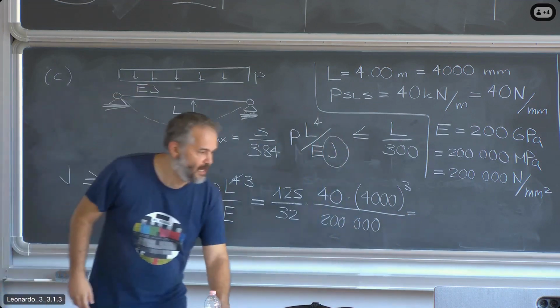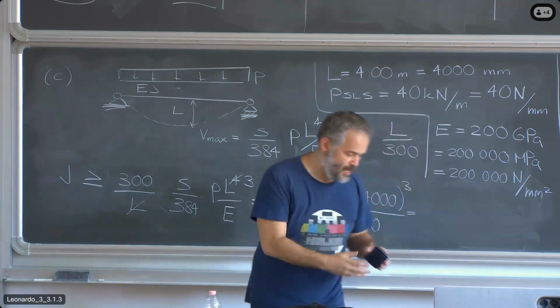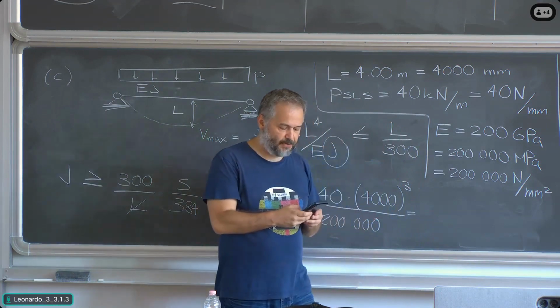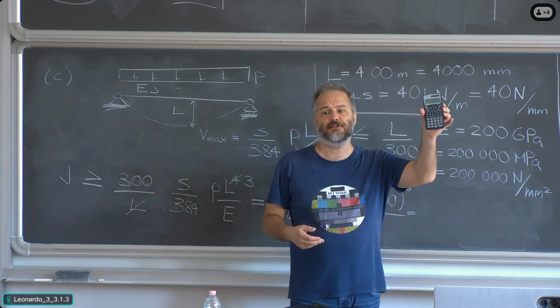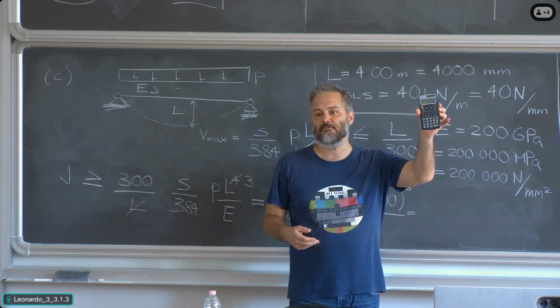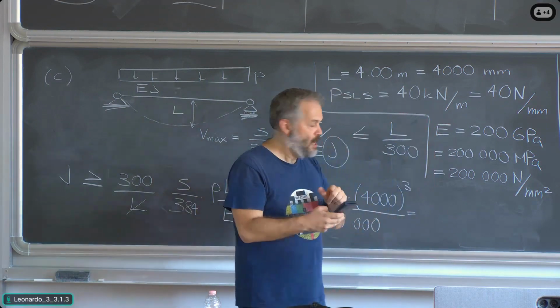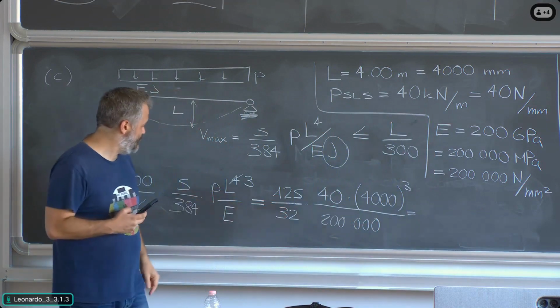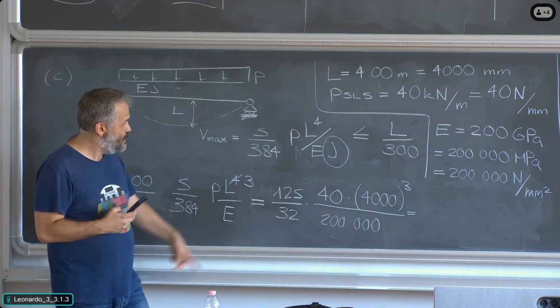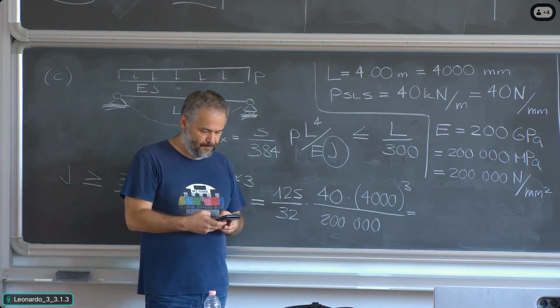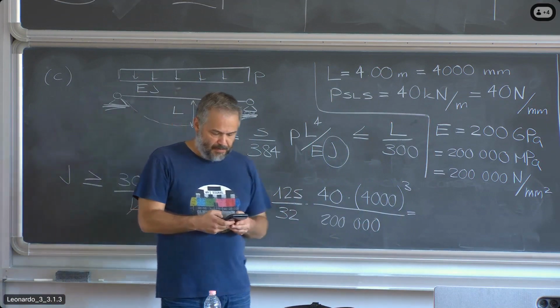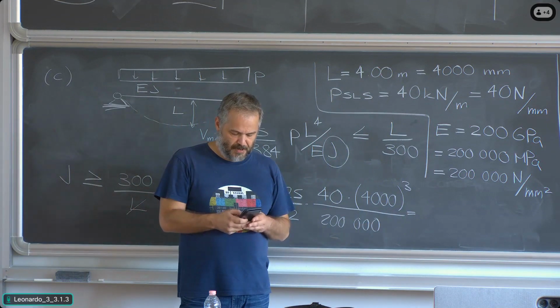And now we do the calculation. You can do it with me. I'm going to repeat it on my calculator. Simple hand calculator, that's all you need for the exam. Doesn't get more complicated than this. So 125 divided by 32 multiplied by 40 multiplied by 4,000 to the power of 3 divided by 200,000.